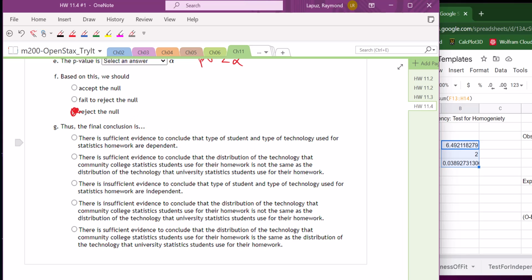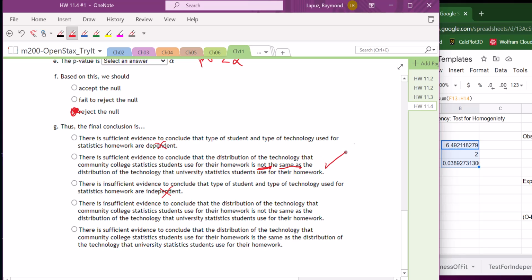So which one is it? Sufficient evidence to show technology use. Okay, so let's cross out the dependent and independent, because we know it's not a test for dependence or independence. Sufficient evidence to conclude that distribution is the same, or it's not the same. So it's not the same.